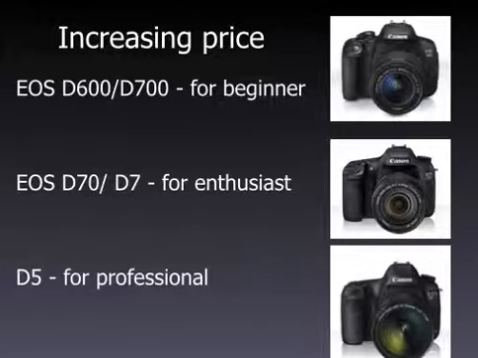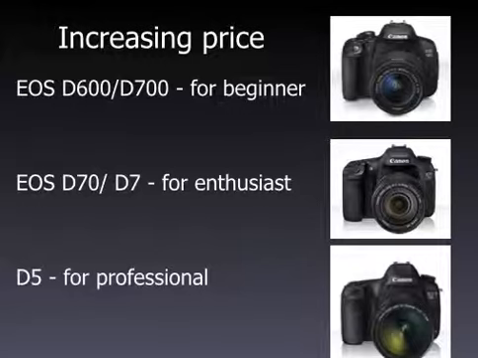Also, there's the difference between a professional camera and one for the beginner. And basically the difference is in the build quality and the weight, or what the camera is made out of. So the beginner may be plastic, whereas the professional is metal, a lot heavier, and the mechanisms within the camera, for example the shutter, will work a lot more times than that of the beginner.